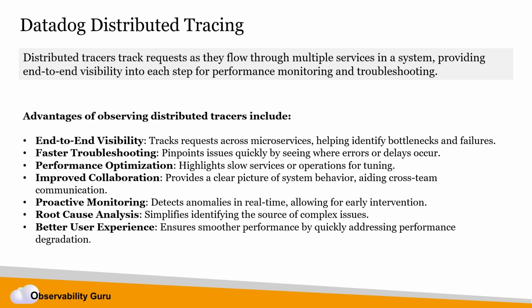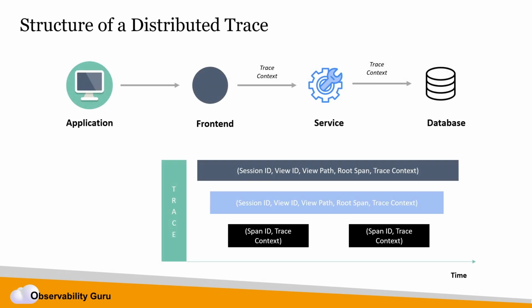Let me move on. Let's look at what the structure of distributed traces looks like. I've put together a flow where a user accesses the application, it goes to a front-end call, then to the services, and then to the database as well.